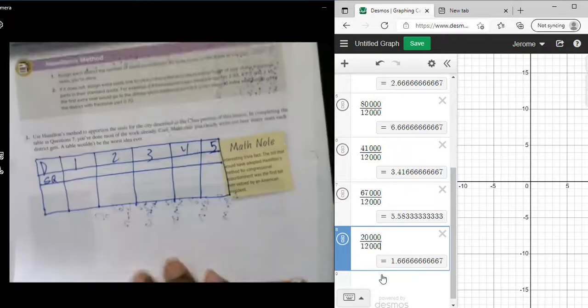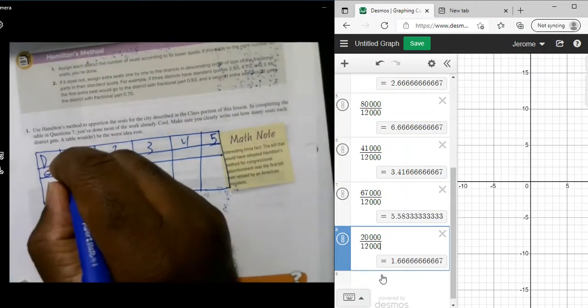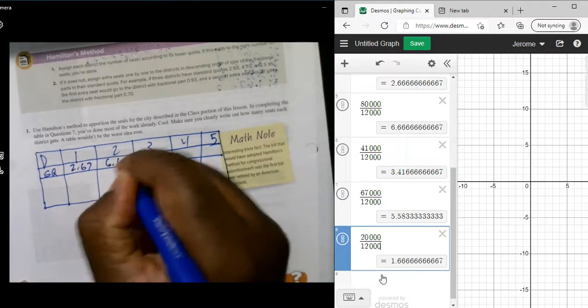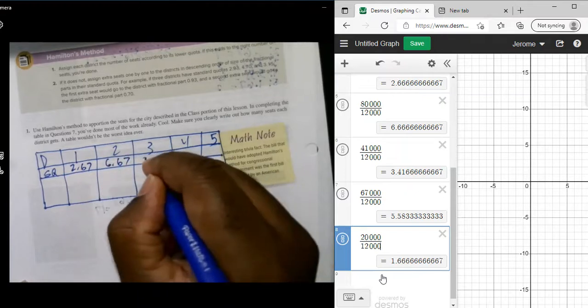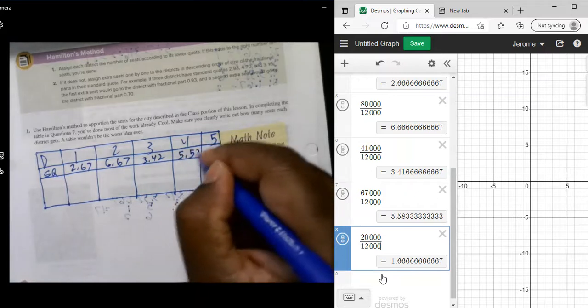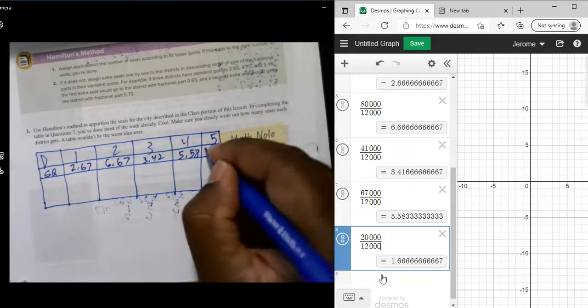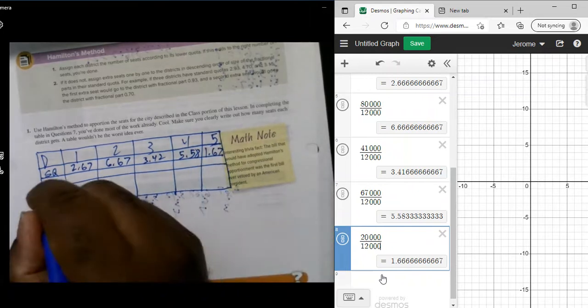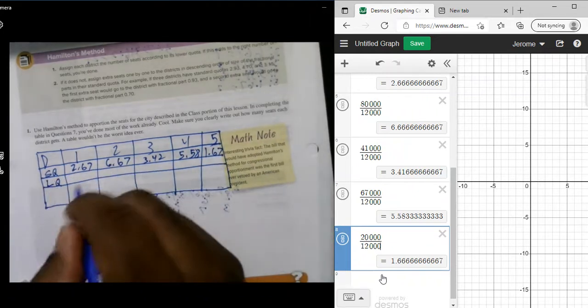Now the standard quota is 2.67, 6.67, 3.42, 5.58, and then 1.67.